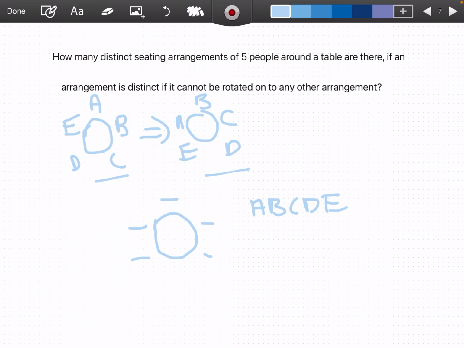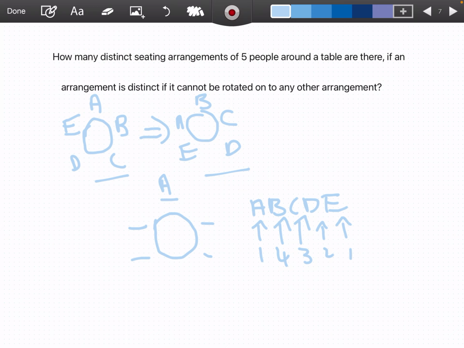And so here we can just say, okay, the first person, A only has one choice. We're going to fix where A goes in these 5 spots. So let's say A goes here. And now for the rest, we can just arrange them as we would in a line, right? So B has 4 options, C has 3, D has 2, and E has 1 option.